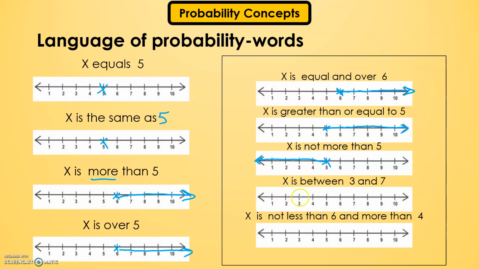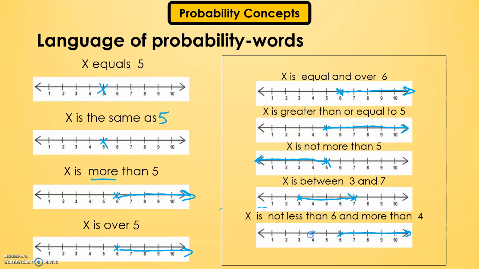X is between 3 and 7, can be represented like that. And x is not less than 6 and more than 4. So not less than 6 means that it's going there. I presume it means not more than 4.